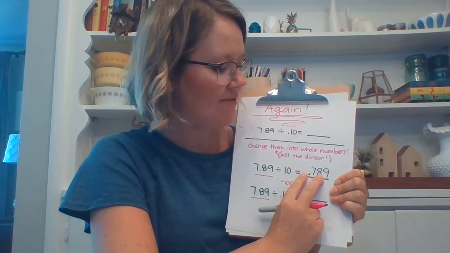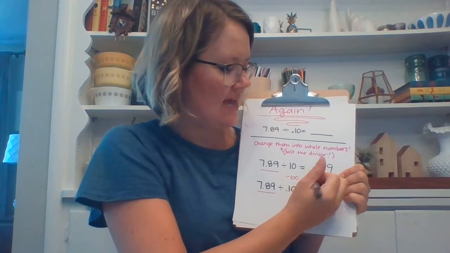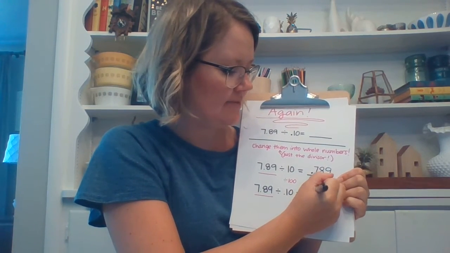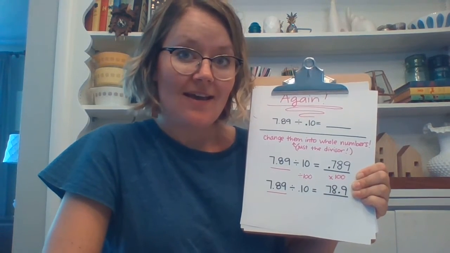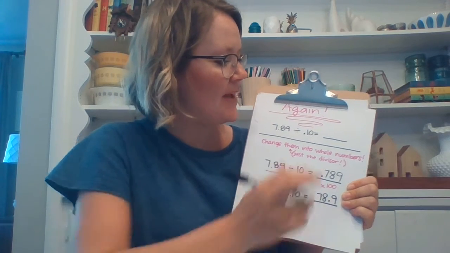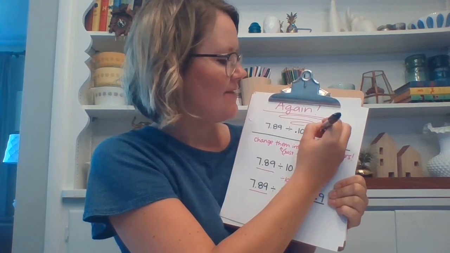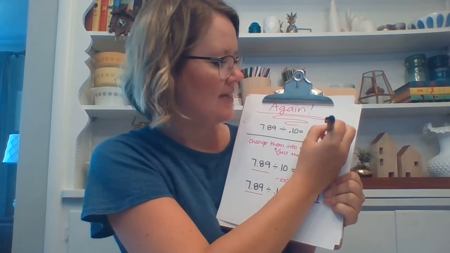So it will become a 7, and then it will become a 78 9/10. Okay, and then the answer up here, 7 89/100 divided by 10/100, is 78 9/10.